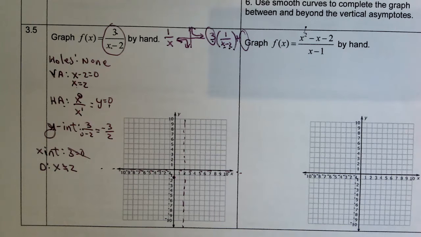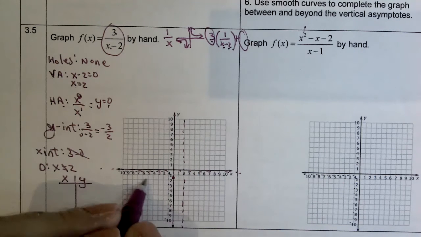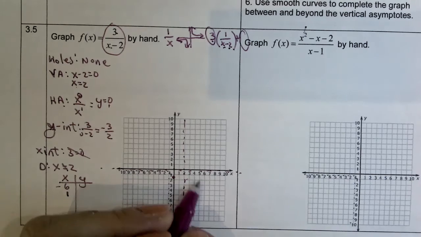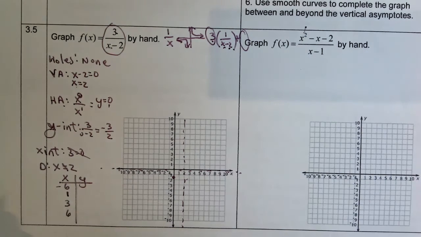And now we're going to plot this thing. If we take some x's and y's and plug them in, we could plug in like -6. We already have 0. Let's do 1, and then a couple on this side, let's do, I don't know, like 3 and 6.